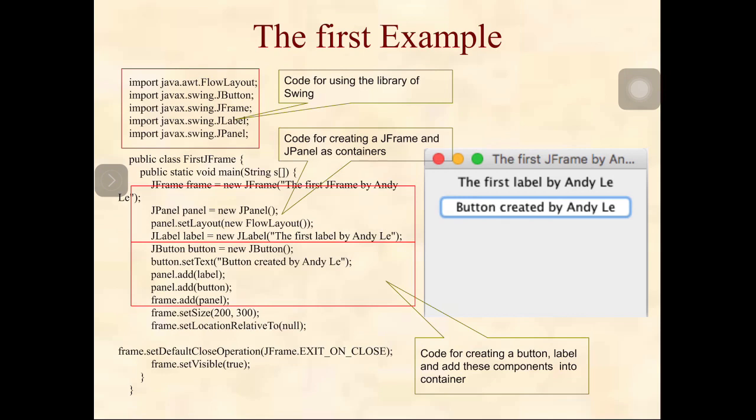And by using the setSize method, we can set the length and the width of the window. And after we finish the code on the screen, we will get a window with some components, a picture on the right.